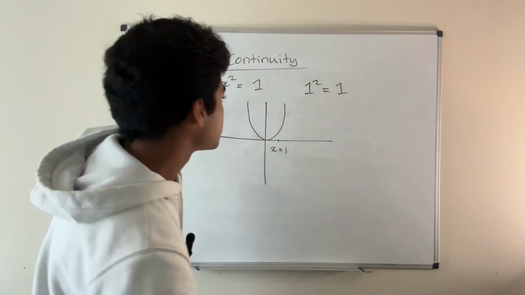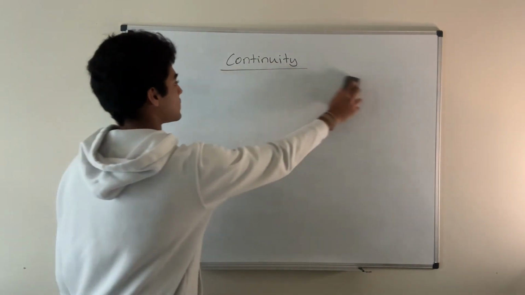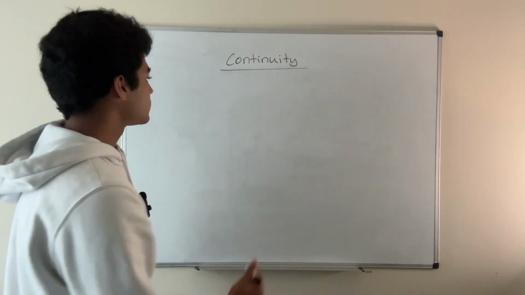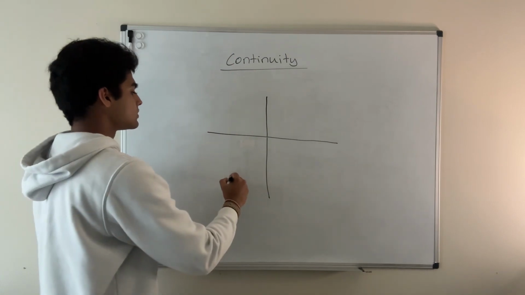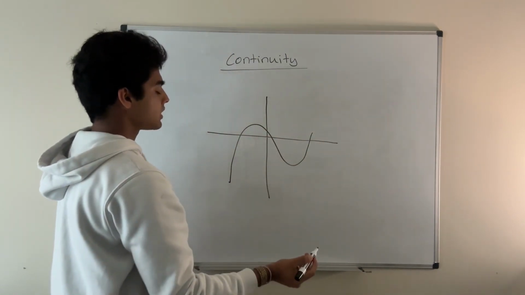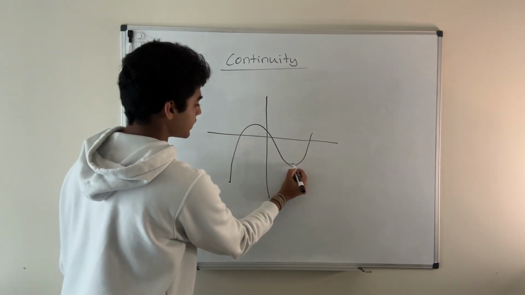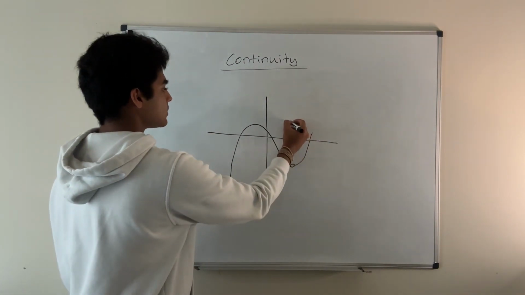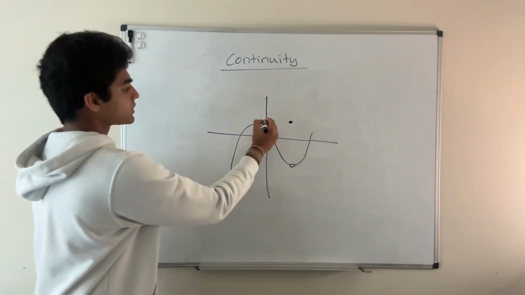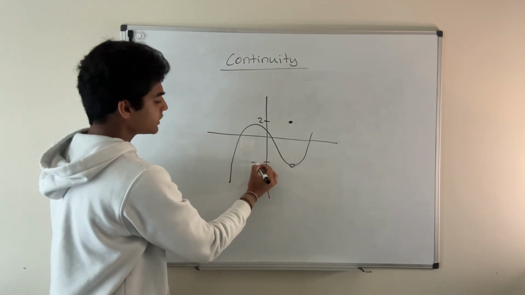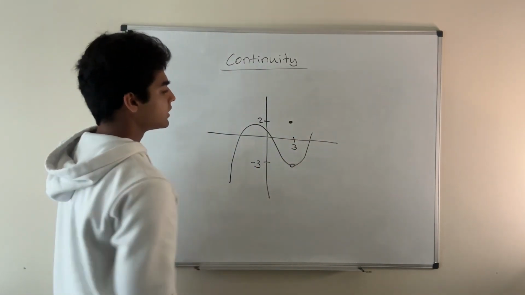Now let's look at a different function. I'm just going to draw a completely random function. Suppose we have the function something like that, and then we'll draw a hole right here and put a dot right there. Okay, so we'll say this is 2, this is -3, and this right here is 3.